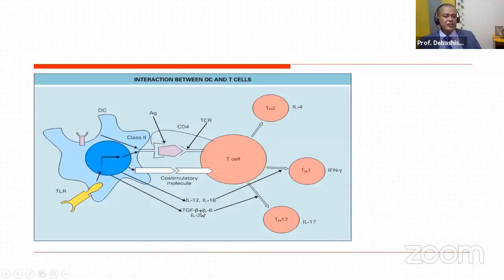I've also mentioned to you the other pathways previously, like T regulatory cells, etc. So this is a very important picture, the last few pictures, which shows how the antigen presenting cells activate T cells.